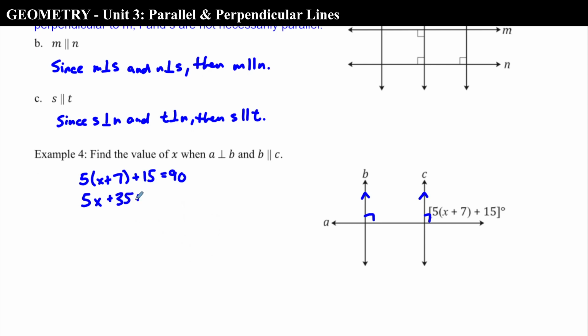Distribute, combine like terms. So that's going to give us plus 50. And then 5x equals 40, so therefore x equals 8.